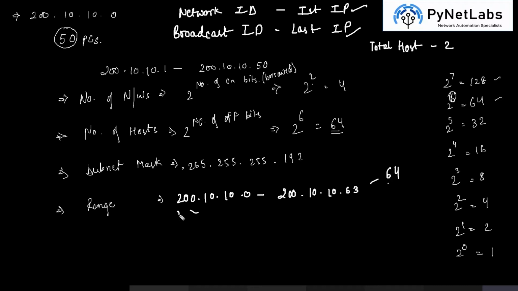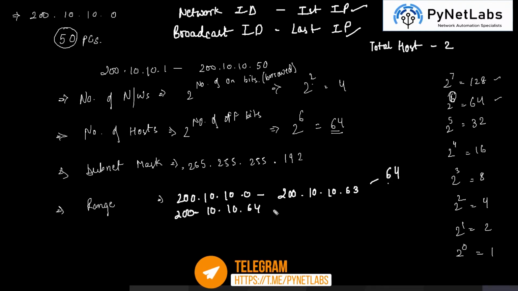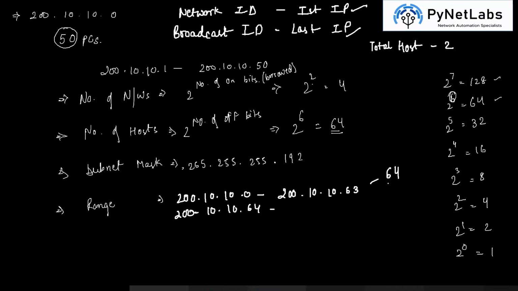Then after that, we have 200.10.64. Perfect. Then we have till 200.10.10.127.